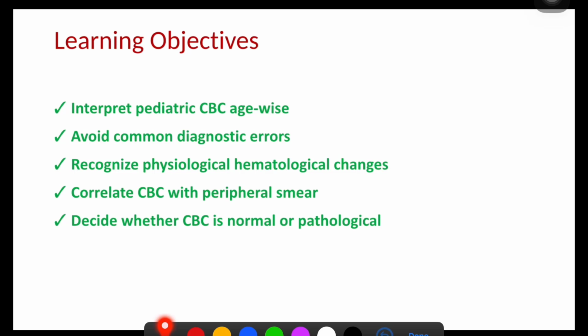So, the learning objectives include: interpret pediatric CBC age-wise, avoid common diagnostic errors, recognize physiological hematological changes, correlate CBC with peripheral smear, and decide whether CBC is normal or pathological.